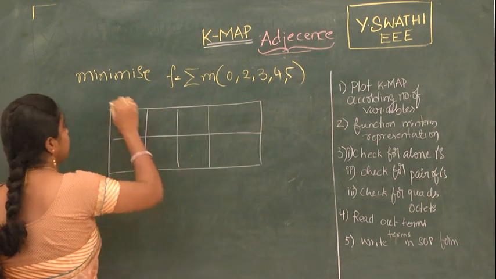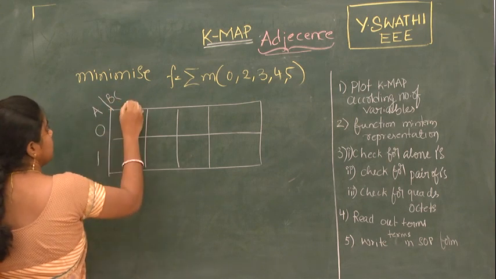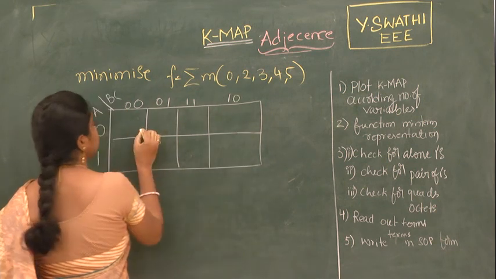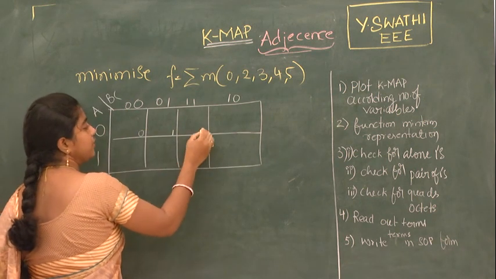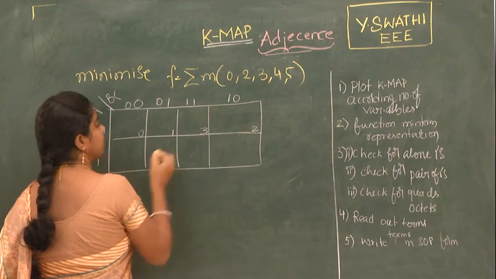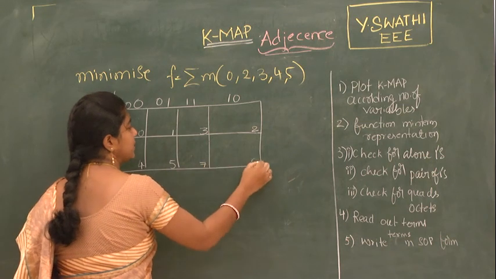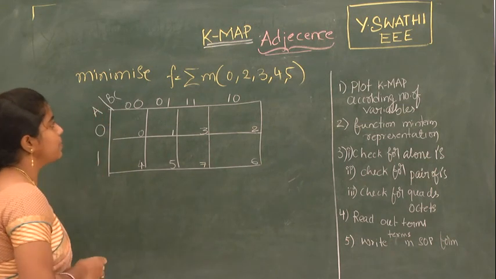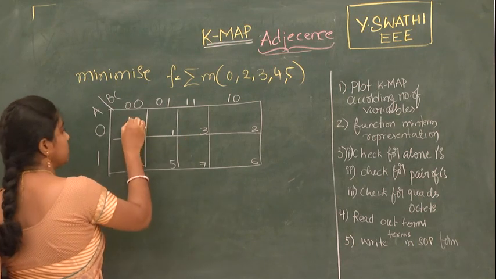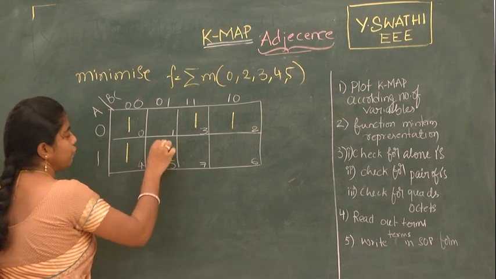The variables are A, B, C. The minterm representation is 0, 1, 3, 2, 4, 5, 7, 6. Now what are the minterms present in the function? 0, 2, 3, 4, 5.